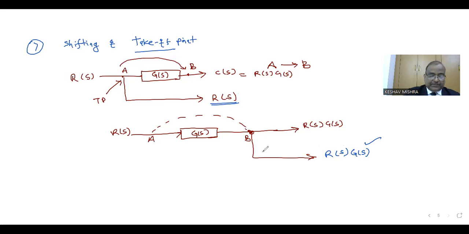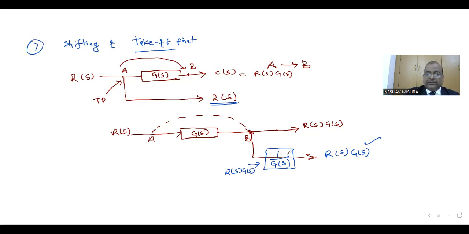So how can this Gs be eliminated? So we introduce a block diagram with transfer function 1 upon Gs. If we introduce one block in the path of this takeoff point, with transfer function 1 upon Gs, then the input to this is Rs into Gs, and what should be the output?